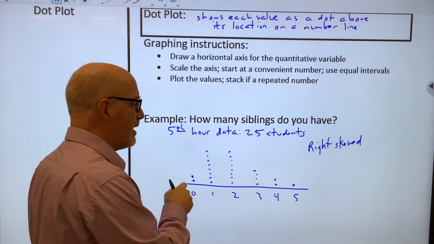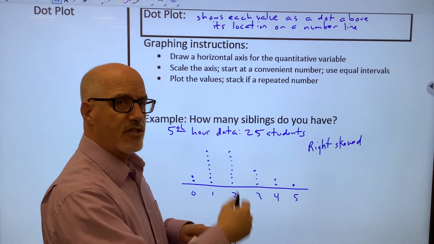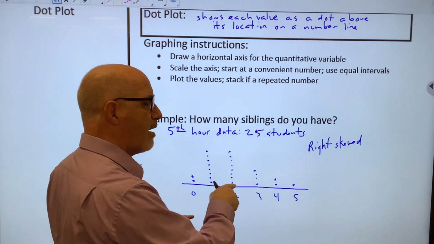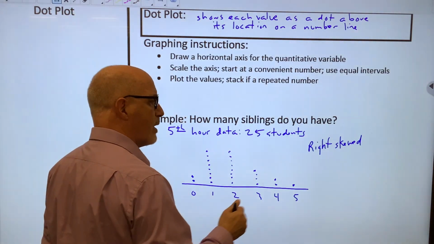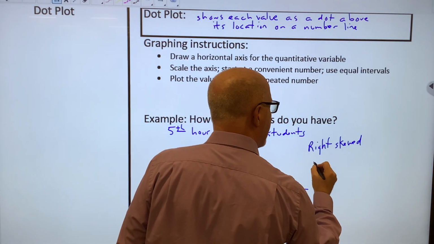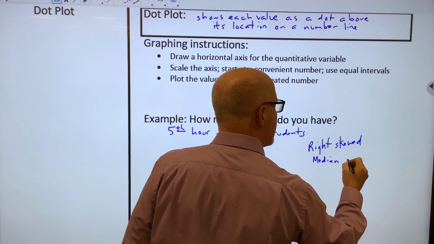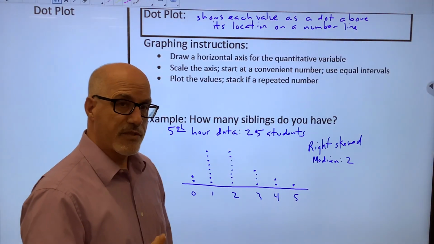If I count in, there's 12 and 12. The 13th student, since they're in order from either way, is in the 2 category. So my median measure of center here is going to be 2. And that's my measure of center.